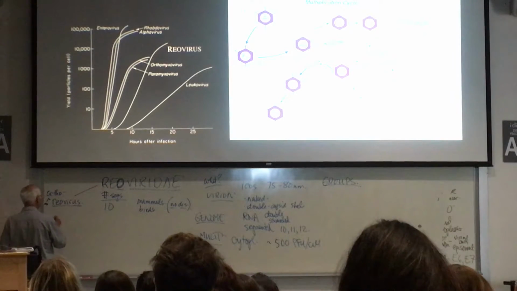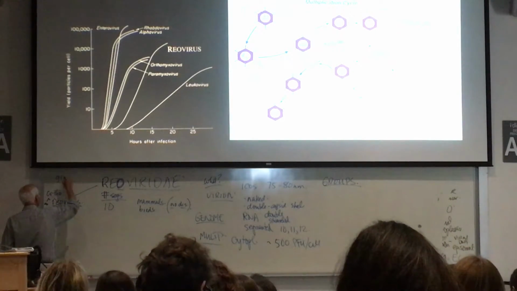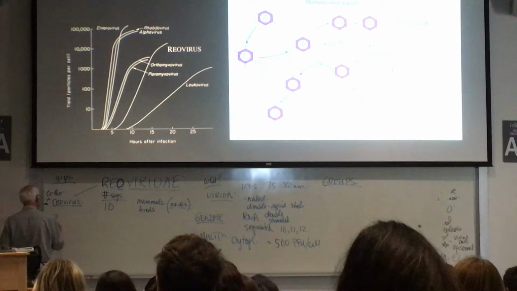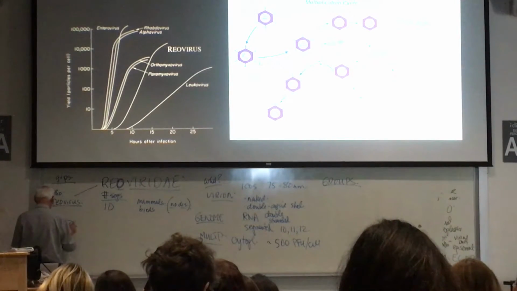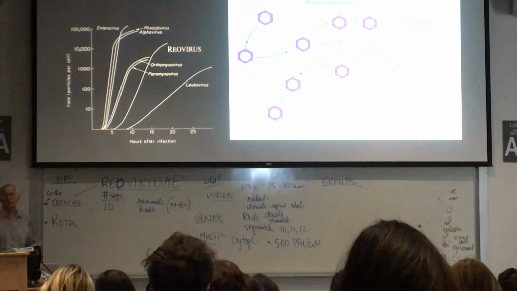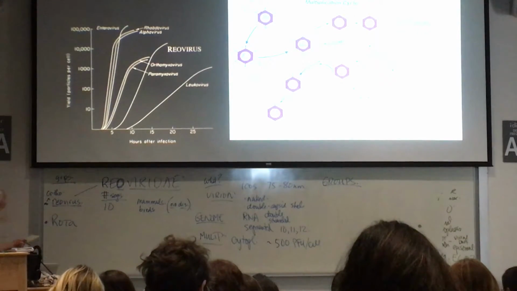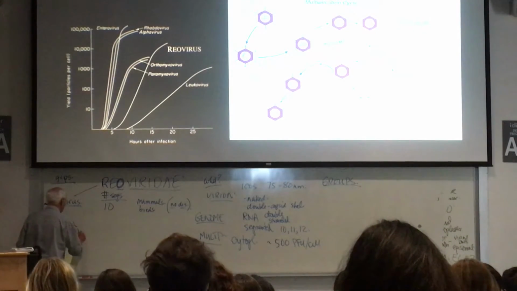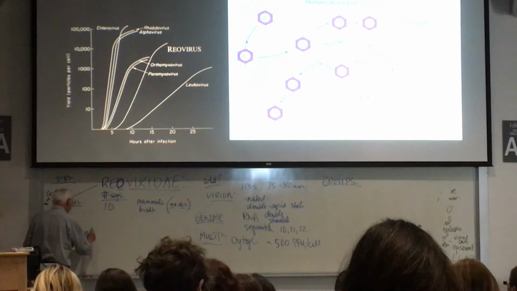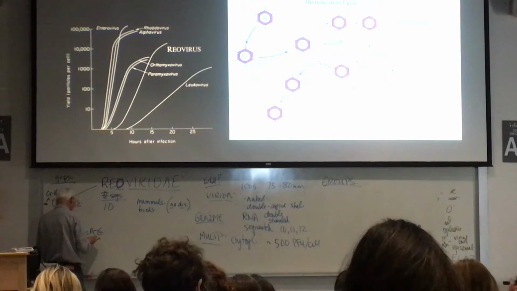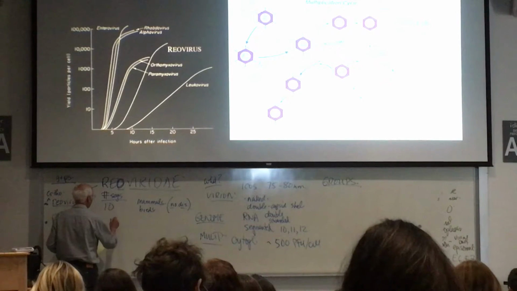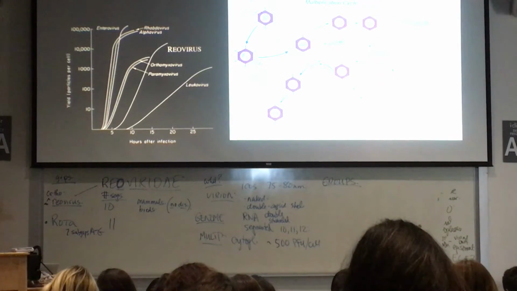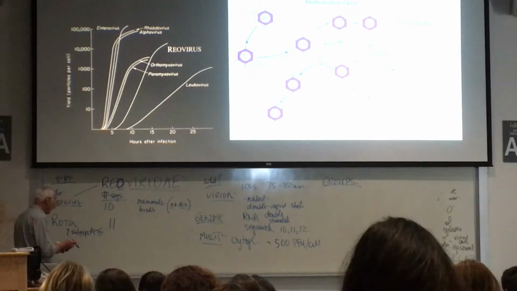Then the second group of reoviruses, of the newer members, are what's known as the rotaviruses. And rotaviruses are very important pathogens. There are 7 subgroups of rotaviruses that are A through G. And rotaviruses have 11 different segments of double-stranded RNA that constitute the genome.